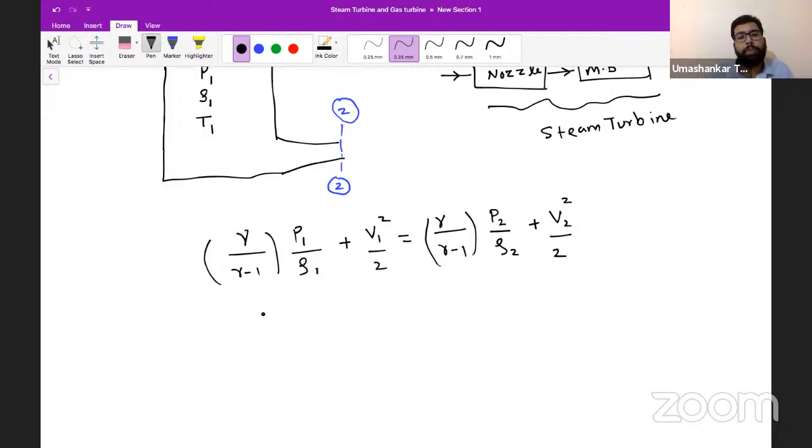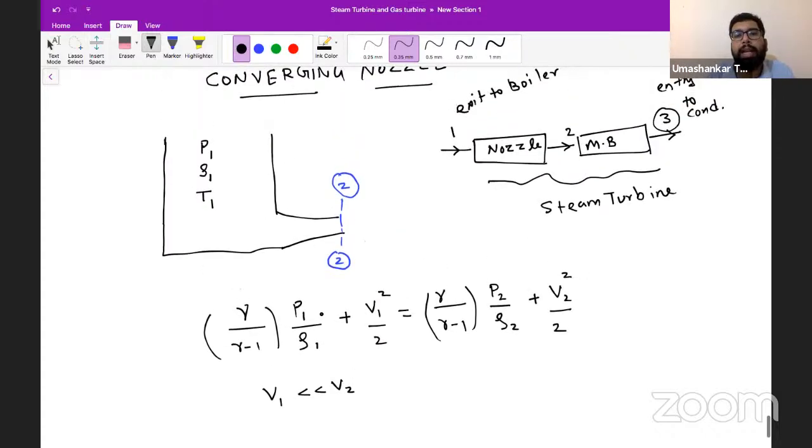Now, if I assume V1 is very, very less than V2, because nozzle increases the velocity, so we can assume that the entry velocity, or the velocity at the exit of the boiler, is very, very less as compared to the velocity at the exit of the nozzle.